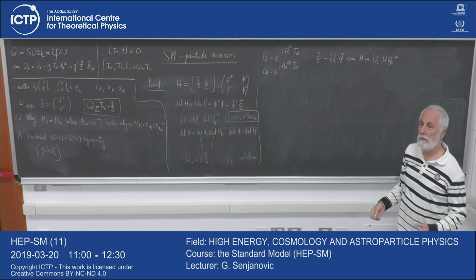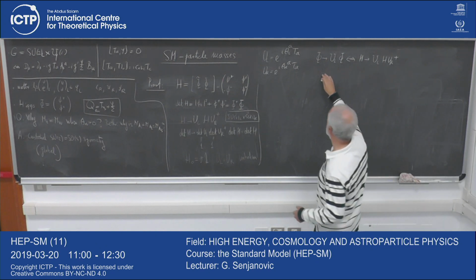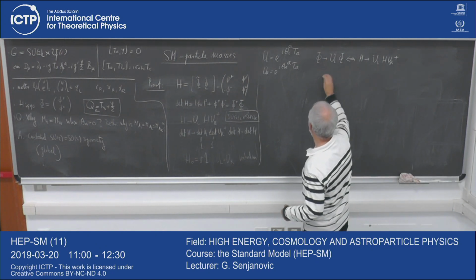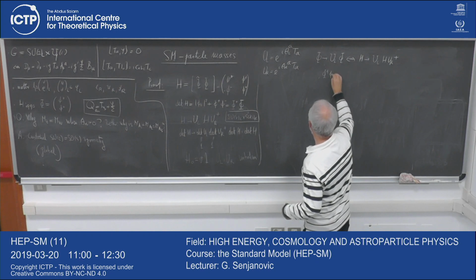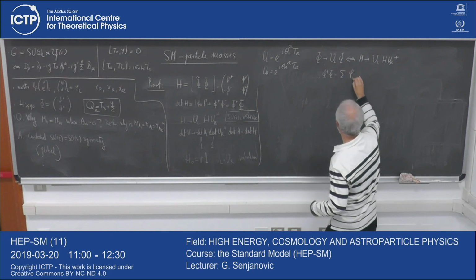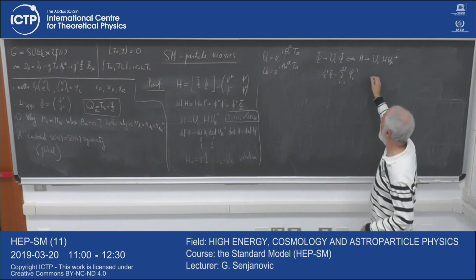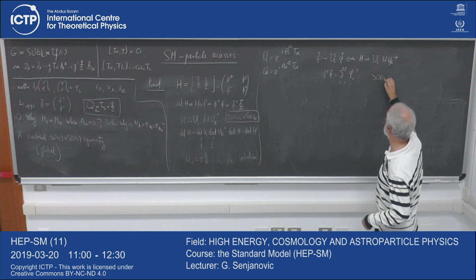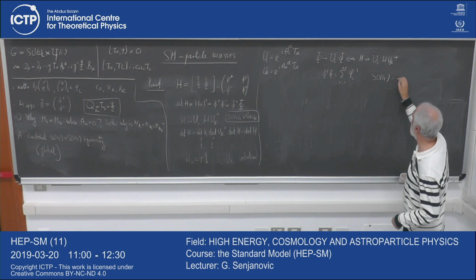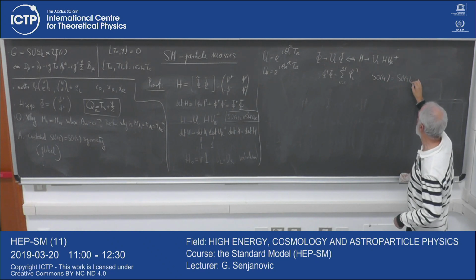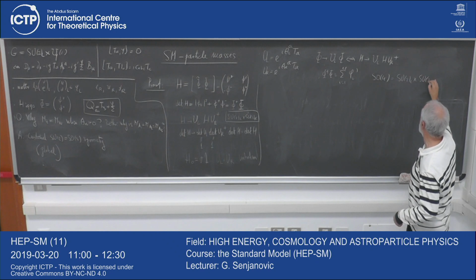Why? Because phi dagger phi was sigma phi I squared, the real components, and this had SO4 symmetry. But SO4 is SU2L times SU2R. Does any of you know this much group theory?